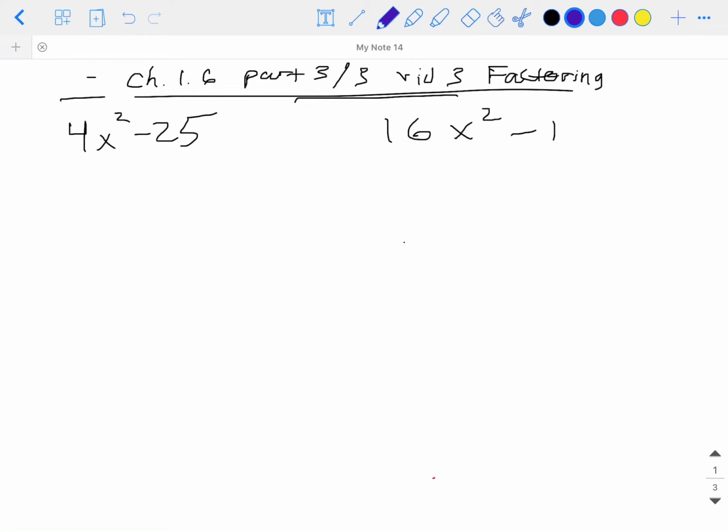4x squared, that's the same thing as 2 times x, separated by the minus sign, 5 times 5. It seems like they duplicate twice, 2x and then 5. That means I can rewrite this as 2 squared, x squared, minus 5 squared. And then we have the framework, because this is considered to be a difference of perfect squares.